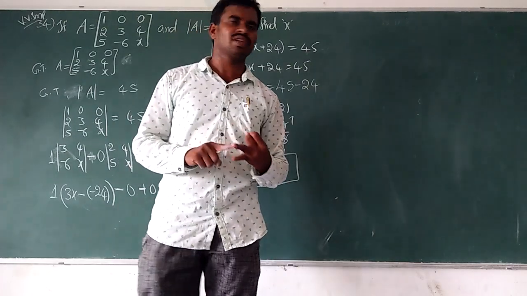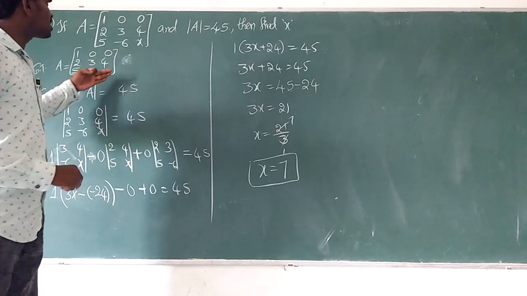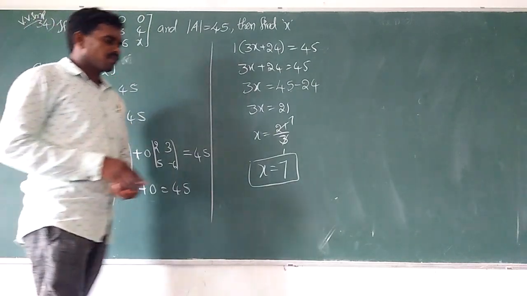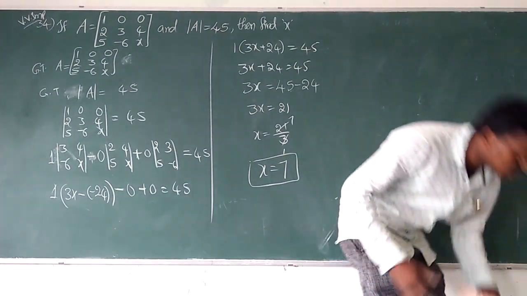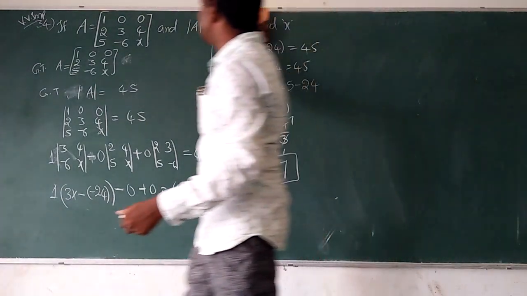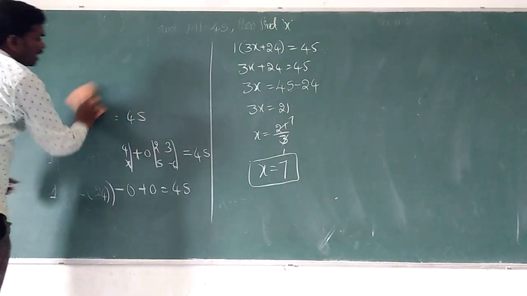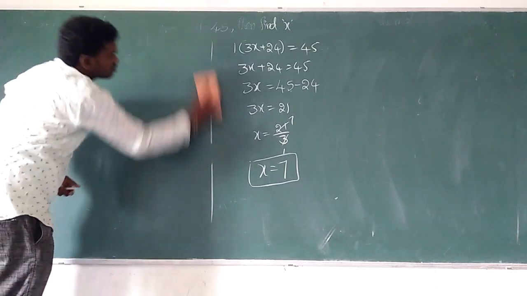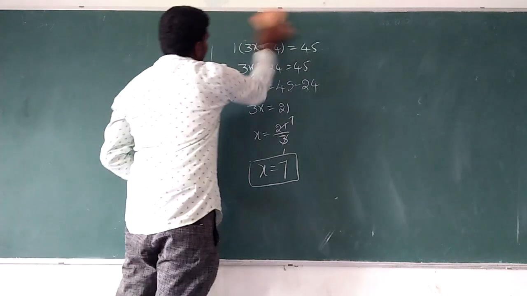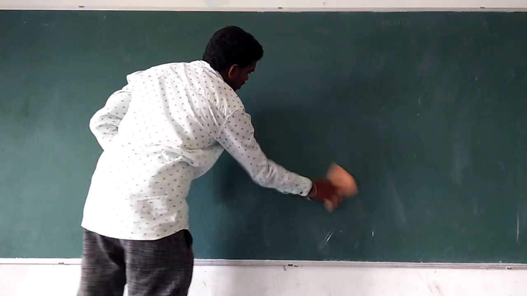If the determinant value is 0, then that is called a singular matrix.